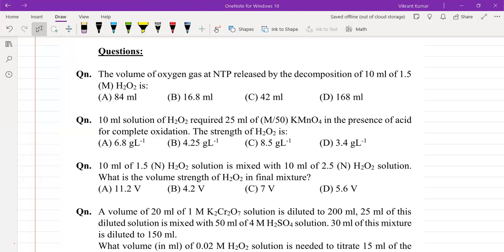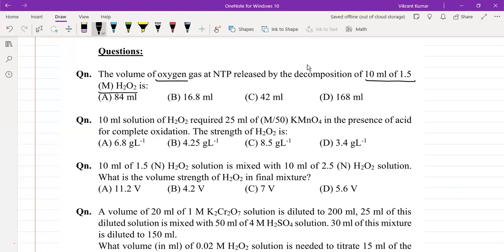So the first question gives you the molarity and asks what will be the volume of O2 gas released on decomposition of this much H2O2. We know the formula we studied last time: volume strength is molarity into 11.2.